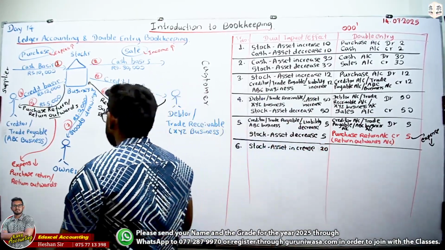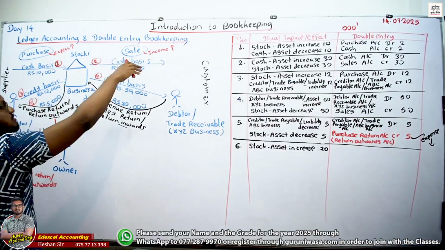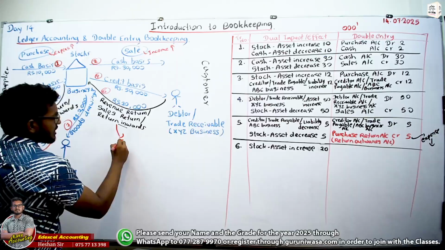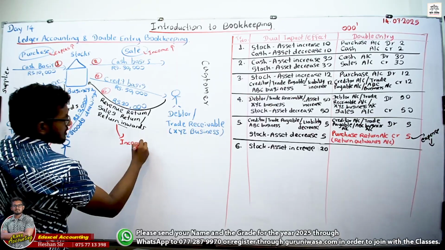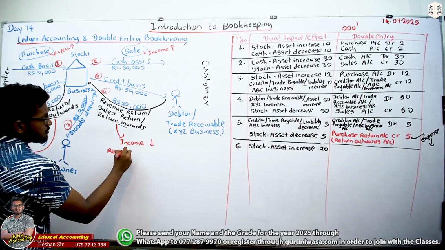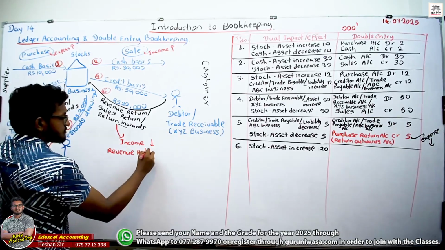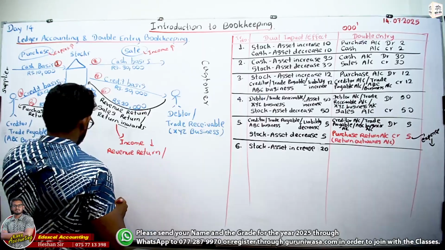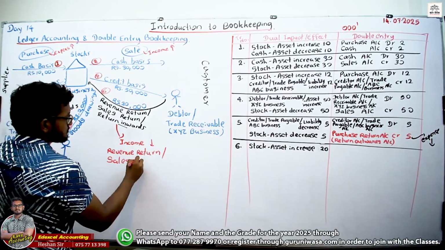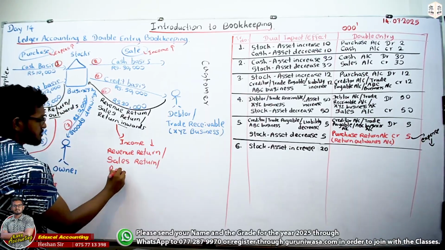But remember, when we sell goods, sales income increase. When it returns, income decrease. But income decreases as revenue return or sales return outwards.